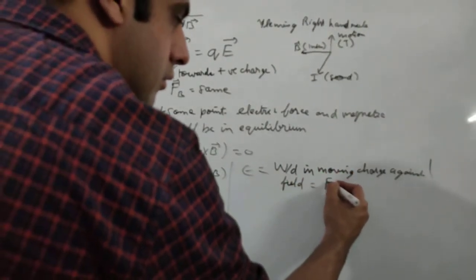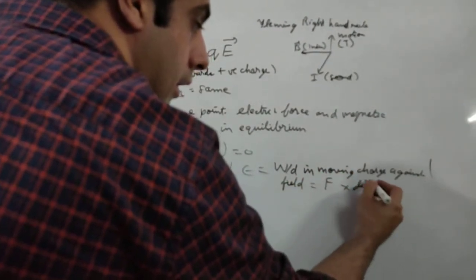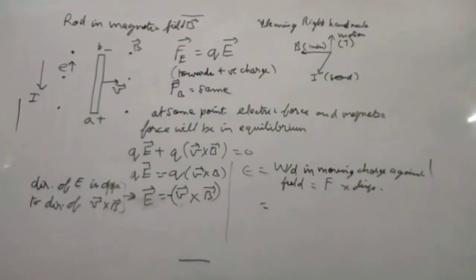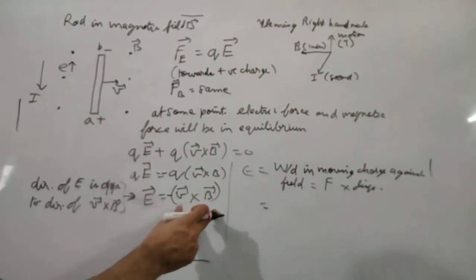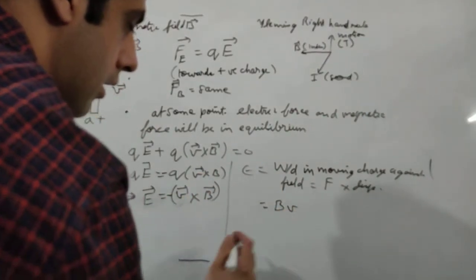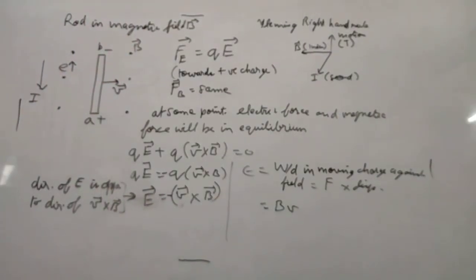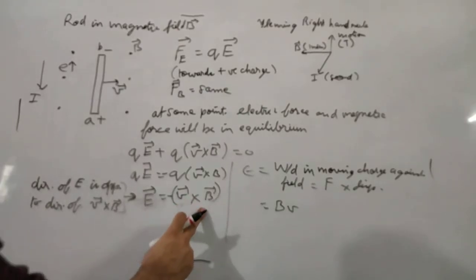So work done is force into displacement. What is the force? The force is given by this, the magnitude of this. So magnitude of this will be BV sin theta, and sin theta will be equal to 1. Why? Because the angle between velocity and magnetic field is 90. So sin 90 will be 1.